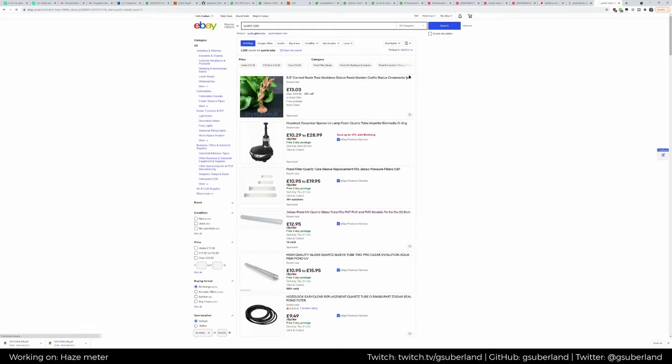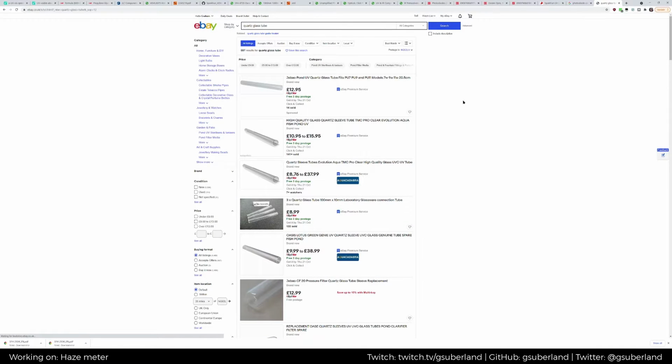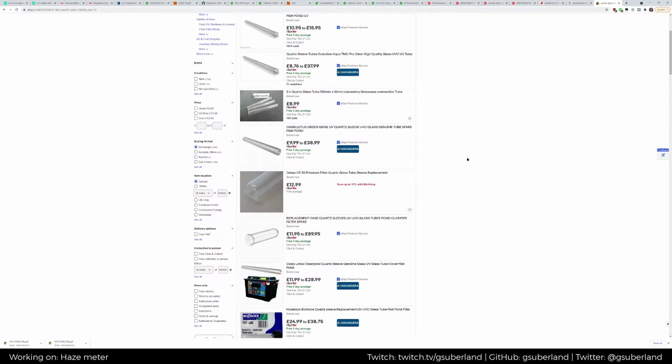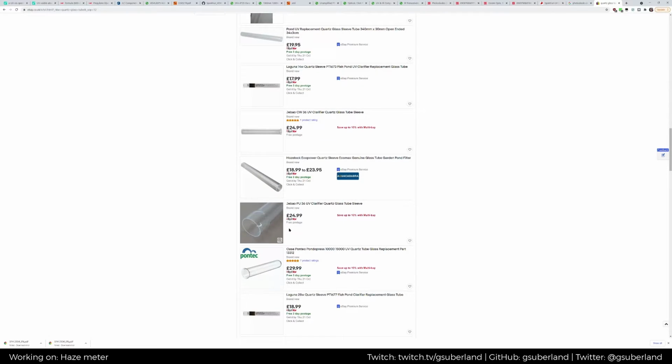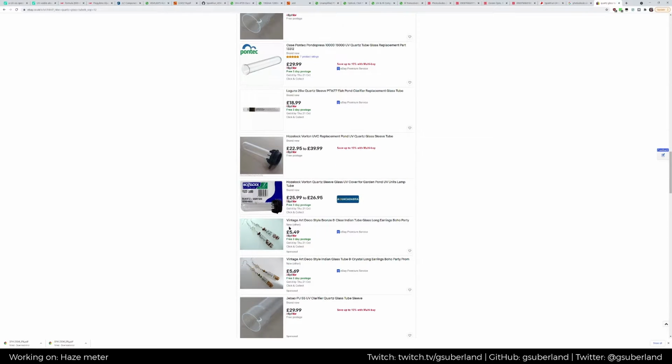Yeah, a quartz tube, but maybe only, I don't know, 10 centimeters long, but 35mm wide. I don't know. These seem to have a rounded end on them, which is a problem because I need to be able to get the gas through. So yeah, that's not ideal.